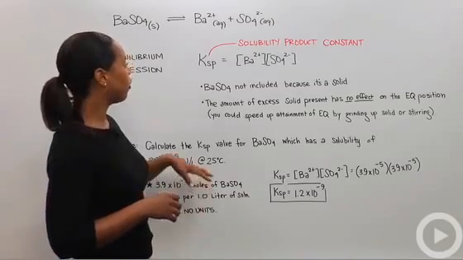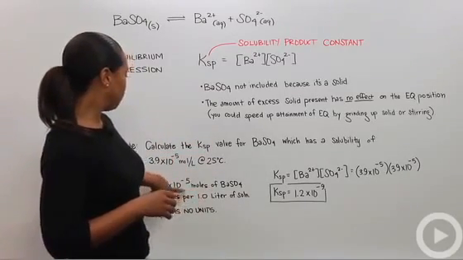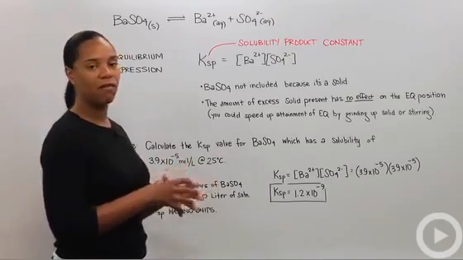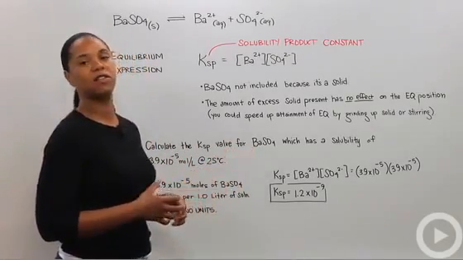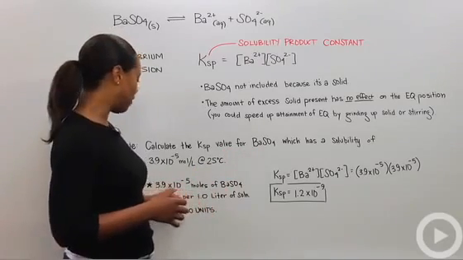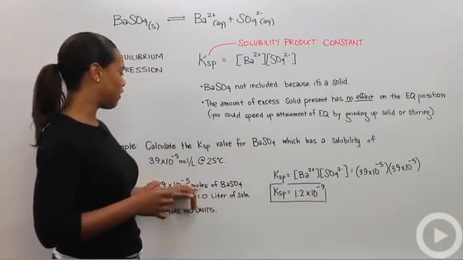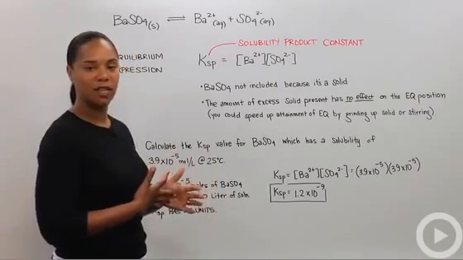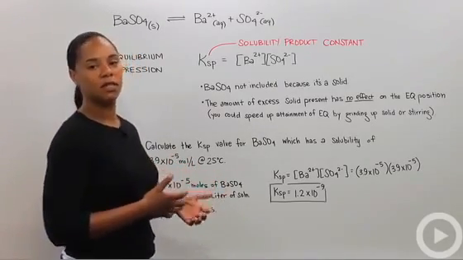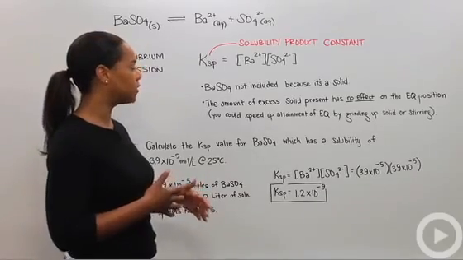So we know that if this is the amount of barium sulfate that we have, when it breaks up into each of its ionic species, the barium 2+ and the sulfate 2-, that means that we have 3.9 times 10 to the -5 moles per liter of barium 2+ ion and 3.9 times 10 to the -5 moles per liter of sulfate ion.